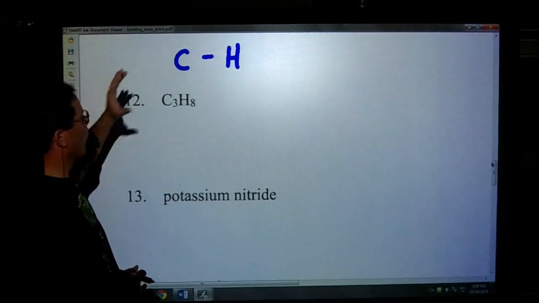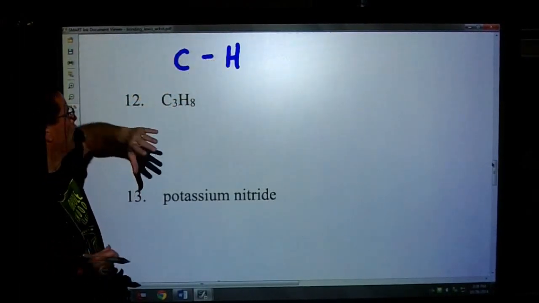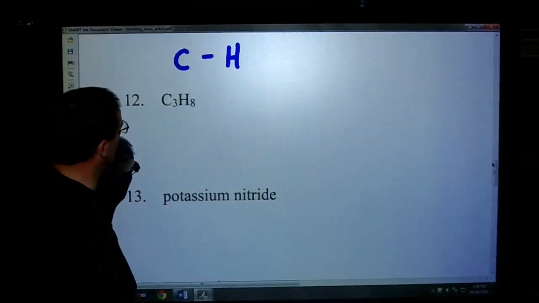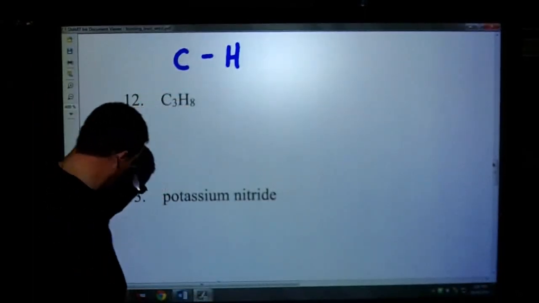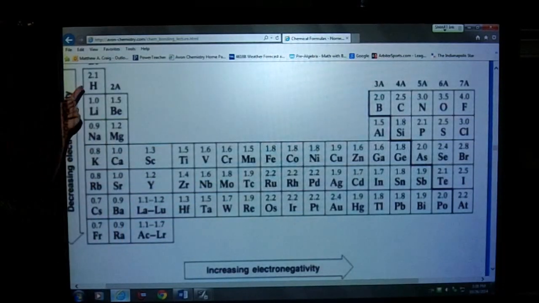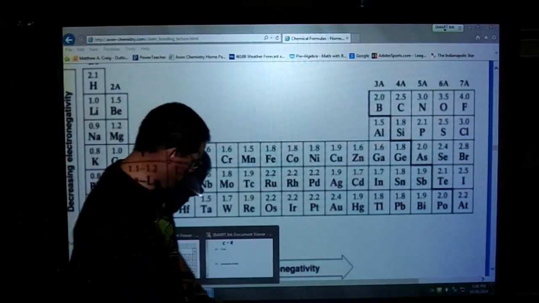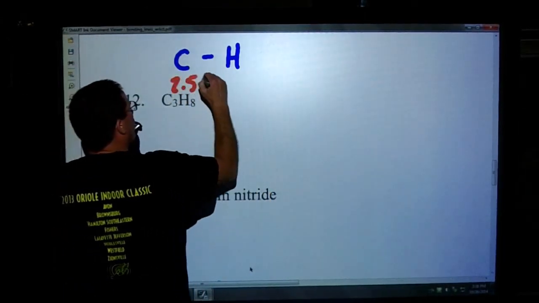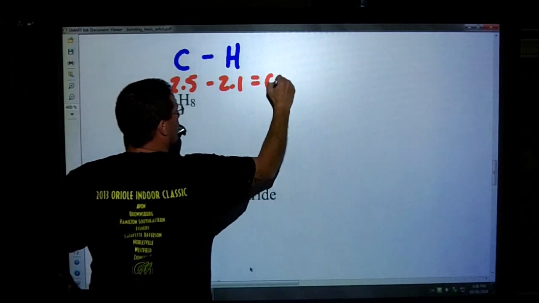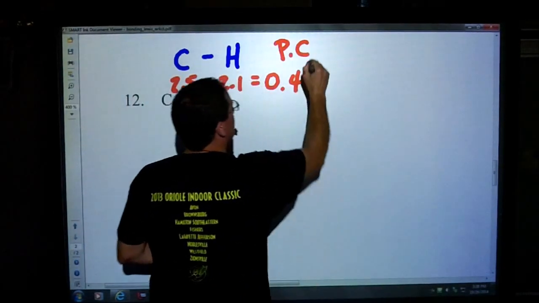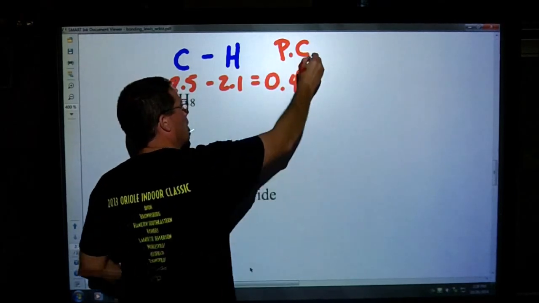But what I'm primarily looking for is the central atom and the external atom relationship, and that's what we're going to focus on today. So when we look at carbon 2.5, hydrogen 2.1, our difference is 0.4, so that means that we do have a polar covalent bond situation there.